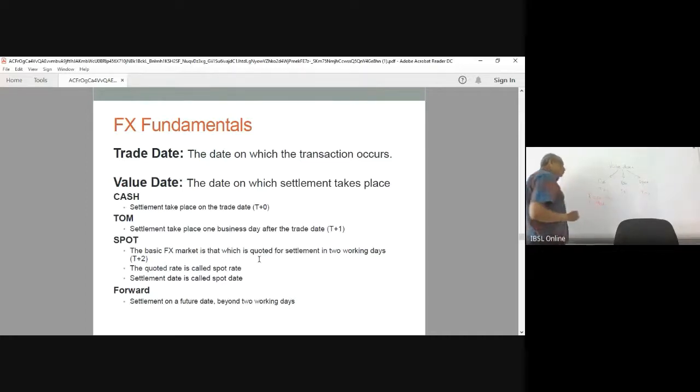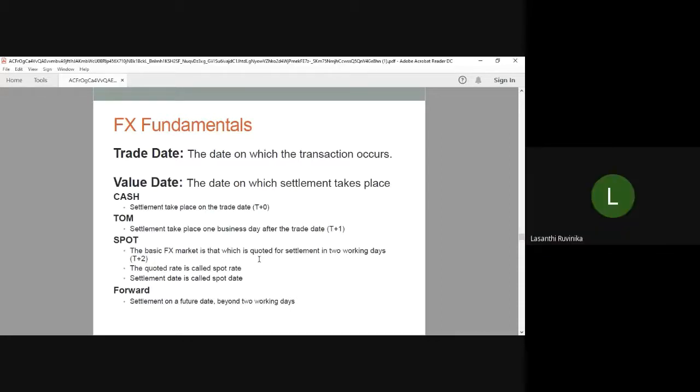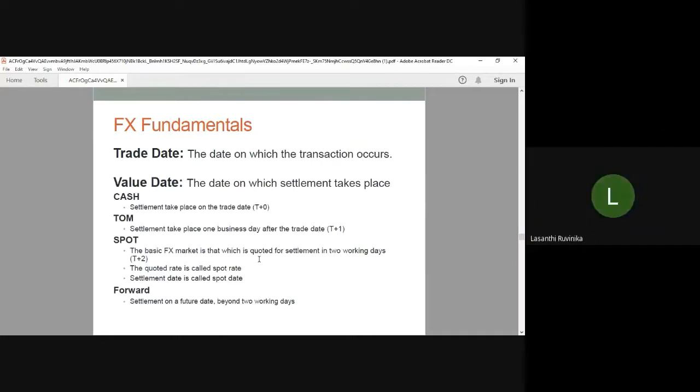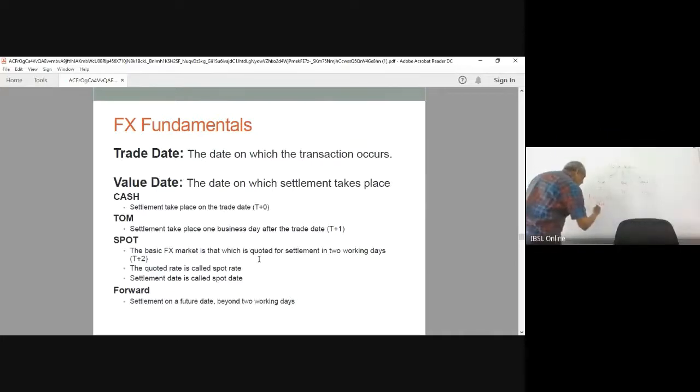Value date means 2 working days. Then what is the spot date? Thursday.